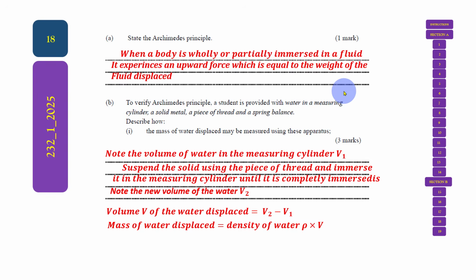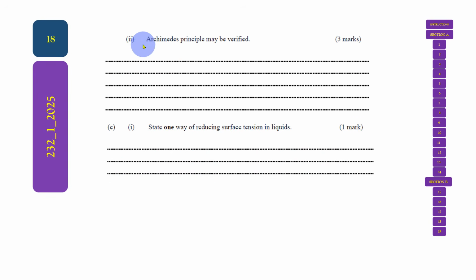So let's go to the next part of the question, where we are asked to show how Archimedes' principle may be verified. All right? So what do we need here? We needed to measure the upthrust on that solid. We measure its weight in air, weight in water, and then find the difference.